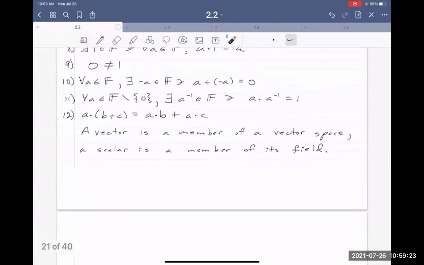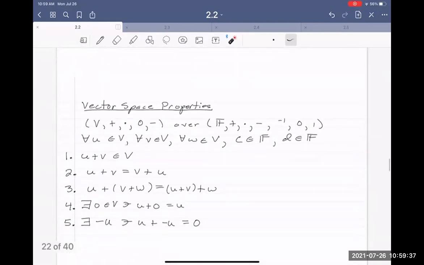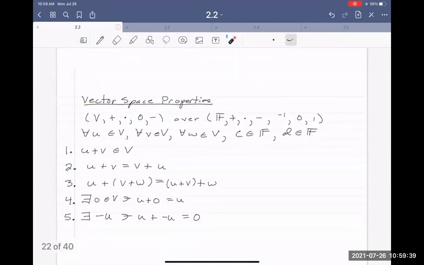So let's talk about a vector space. A vector is a member of a vector space. A scalar is a member of its scalar field. And so, let me give you some vector space properties. Let V be a set with the following properties.